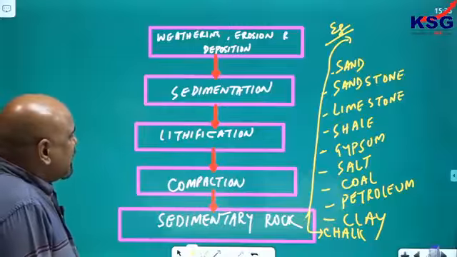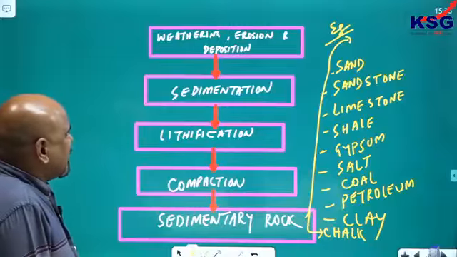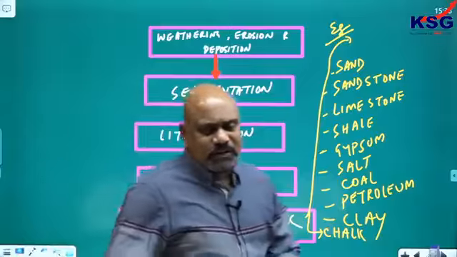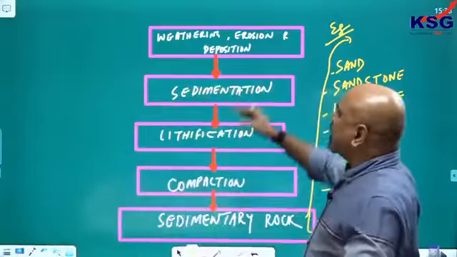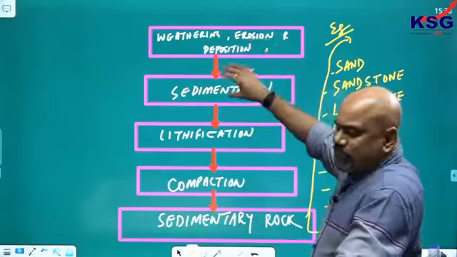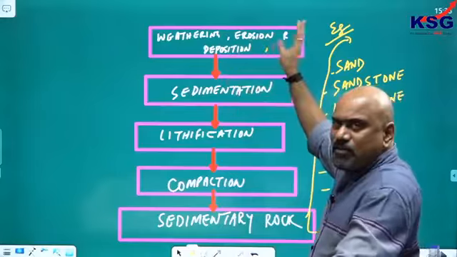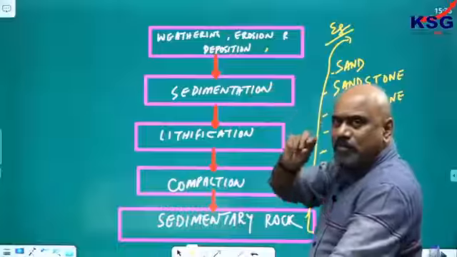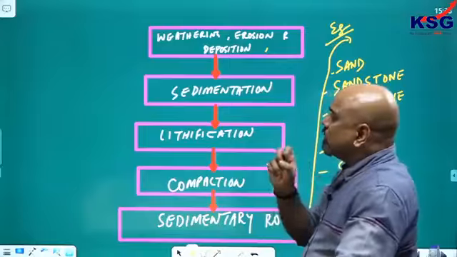Lithification and sedimentation. See, a transition zone between sediments getting deposited, deposition हुआ, and lithification. This is a transition zone. In sedimentation, unsorted deposits; in lithification, particles will be a bit closer.